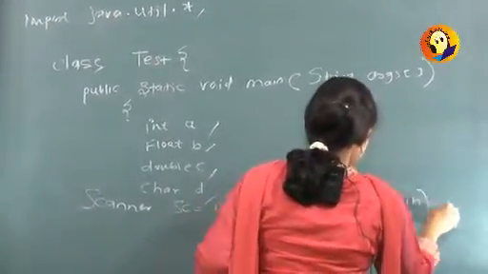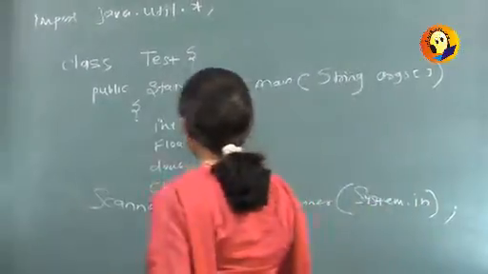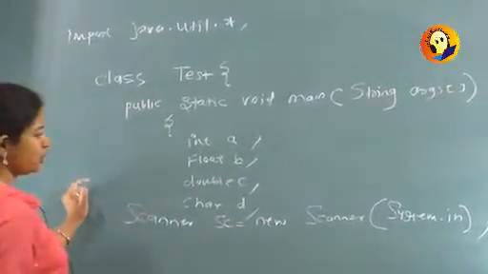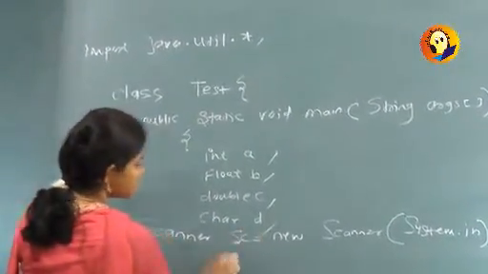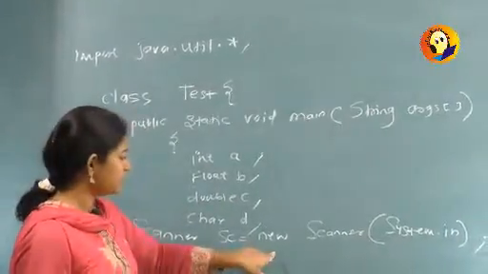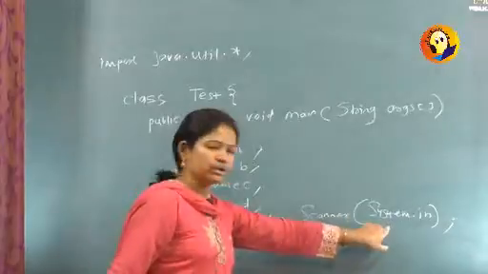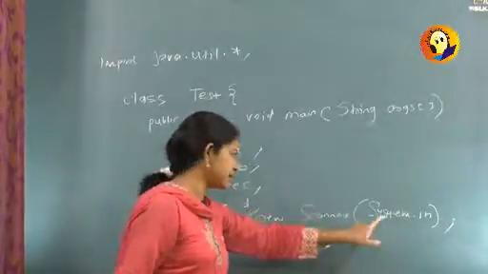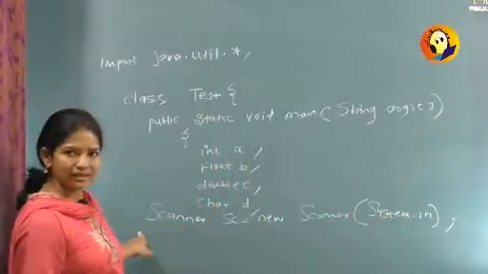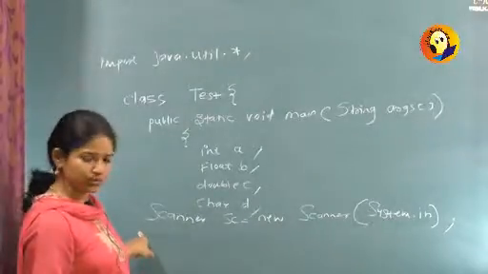Why? Because currently I am accepting values through keyboard, that is from the user. So System.in, and sc is the name of the object. For creating a new object I need to specify the new operator and System.in, these are parameters for the compiler. So in this way I can create a Scanner object.